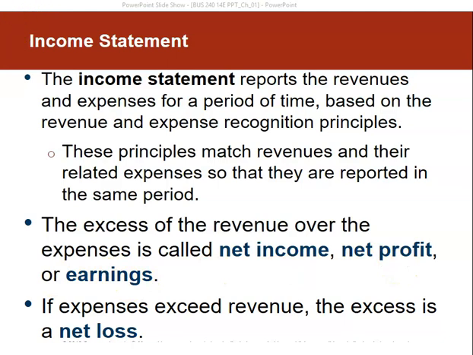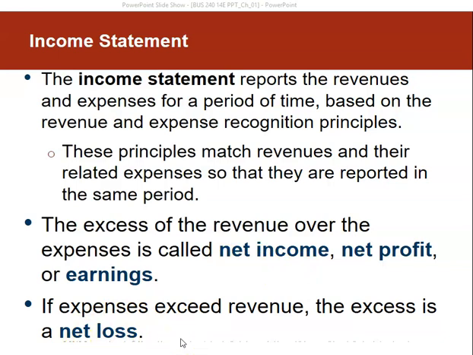The term that we will use in this course is net income. So if revenue is higher than expenses, we have net income. If the opposite is true, if expenses are higher than revenue, we have a net loss. So the purpose of the income statement is to determine net income or net loss for a period of time.